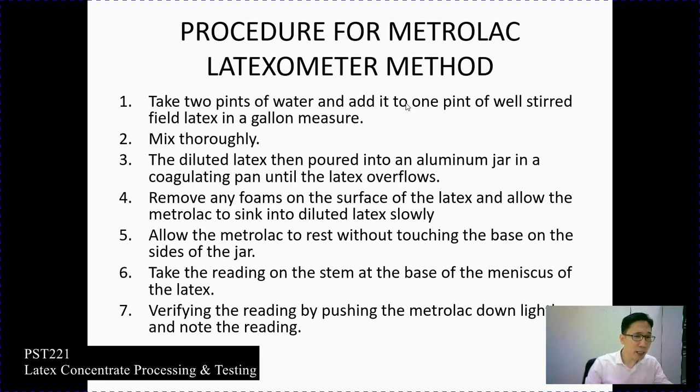So after you take a reading, you try to push the Metrolac gently and lightly, and you release it. Do it multiple times and take a reading every time you do that, because we want to have very accurate measurements of, what we call, the stem at the meniscus.